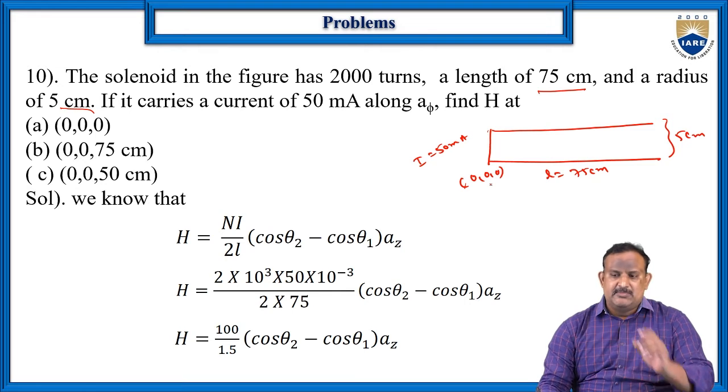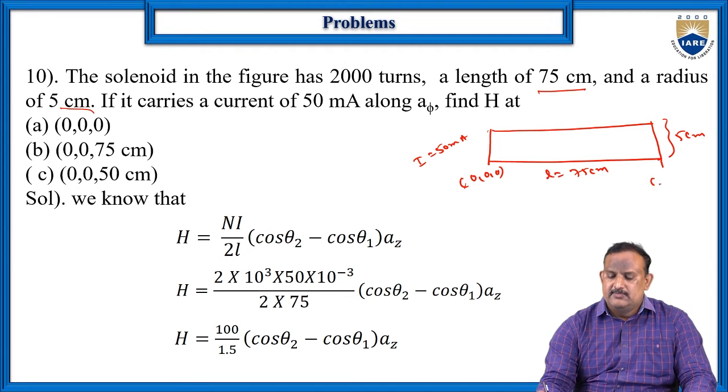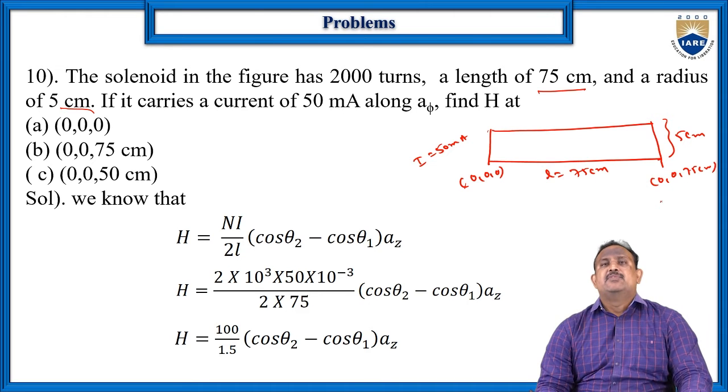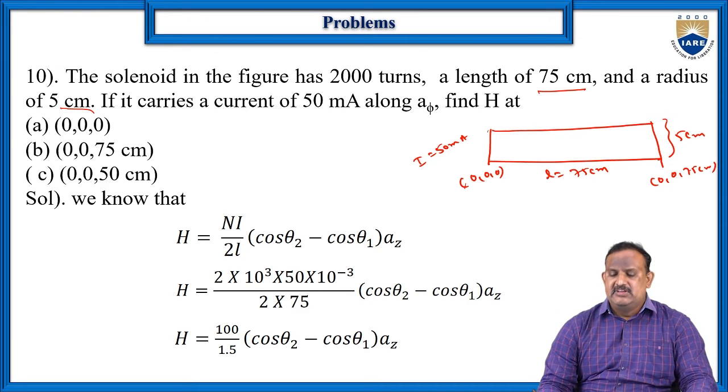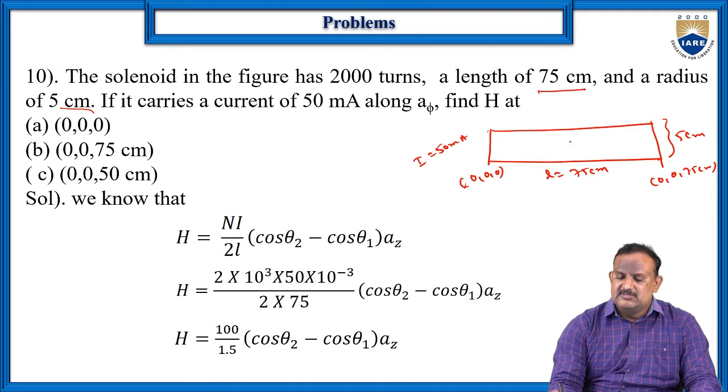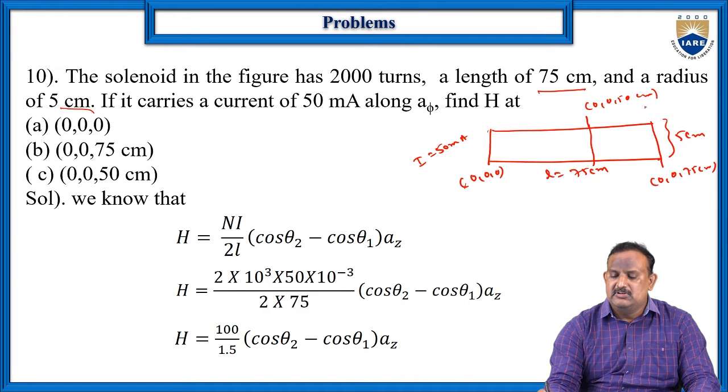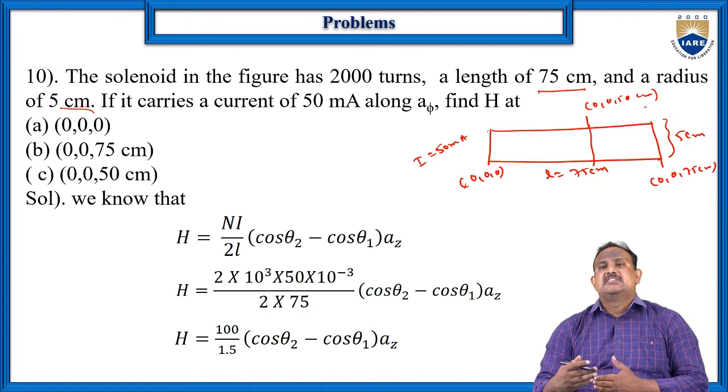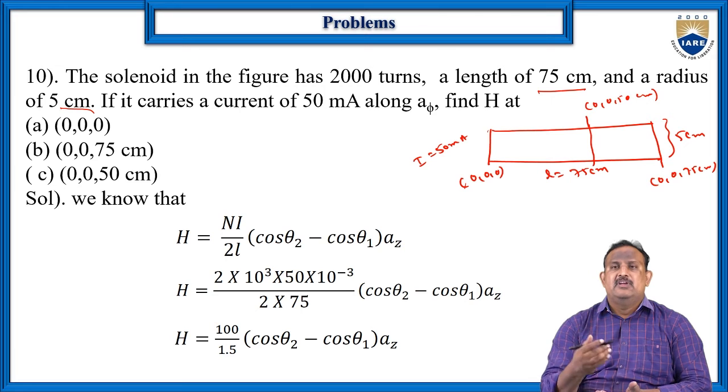Then (0, 0, 75 centimeters) means at the end of the solenoid. Next, (0, 0, 50 centimeters) means in the midway of the solenoid. For these three conditions, we need to find the magnetic field intensity.